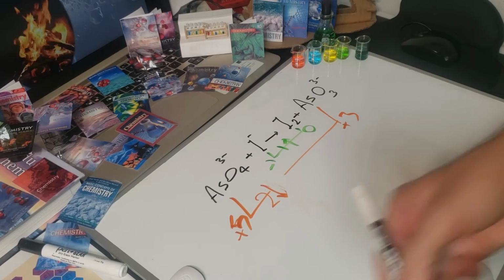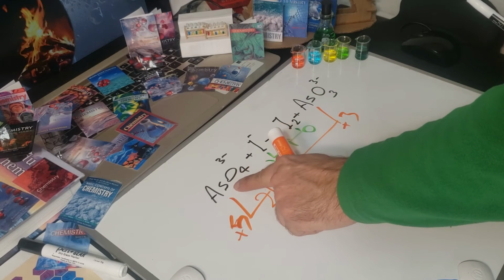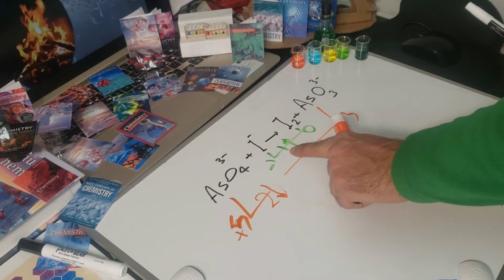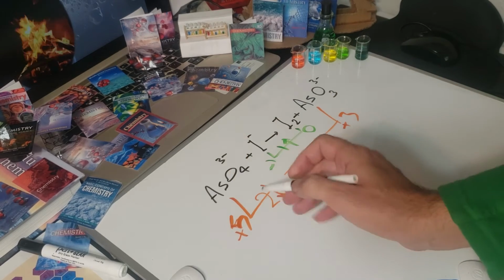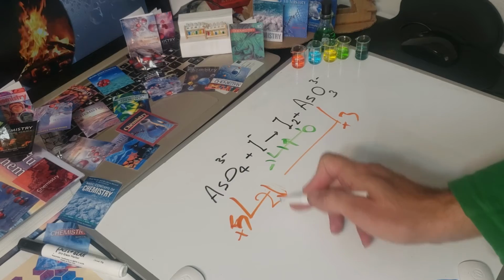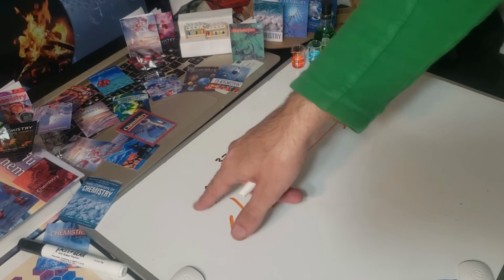So we exchange these, we put the rise, and it's 1 I2 and 1 I2, so we don't need to do anything, that's fine. The green one for the orange, so 1, and then the orange one for that, so 2 I minuses. If it's 2 I minuses, just 1 arsenic.